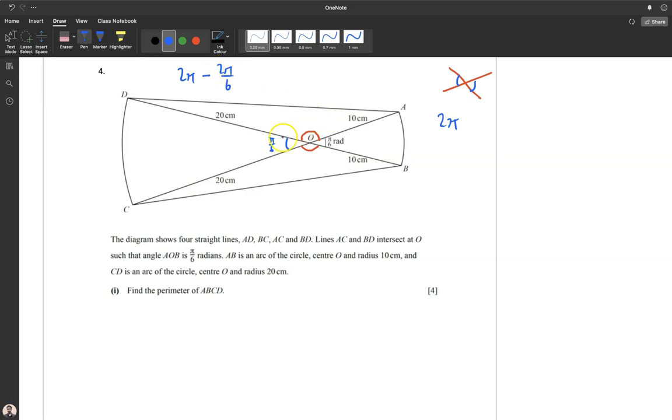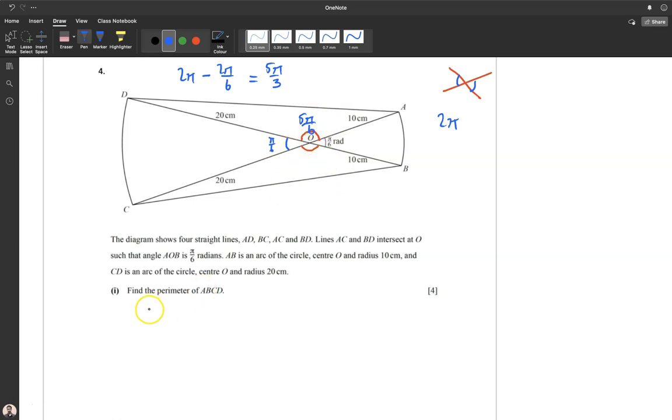So it's 2 pi over 6. How did I get it? I add them up together. Then I will probably be getting 5 pi over 3. That's something that I'm supposed to get. So this 5 pi over 3 is for this and this, and I just need 1, so I divide it by 2. I'm going to get 5 pi over 6. So that's basically this angle. I don't know why I beat around the bush to get this, but yeah.